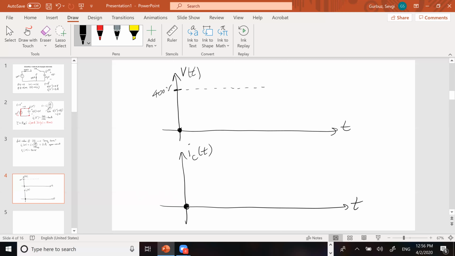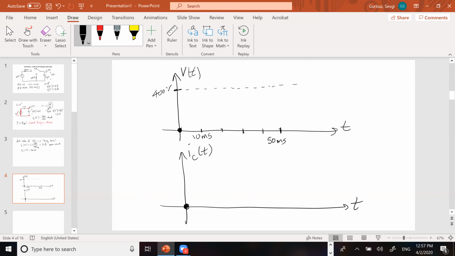We know that over the first interval, our time constant is 10 milliseconds. So if I draw out a scaled axis here, where each one of these ticks corresponds to 10 milliseconds, we have 1, 2, 3, 4, 5. This would be 50 milliseconds.